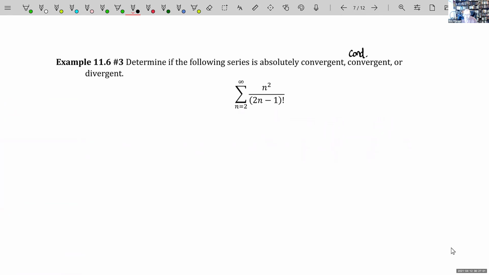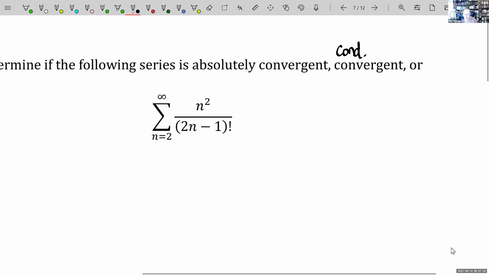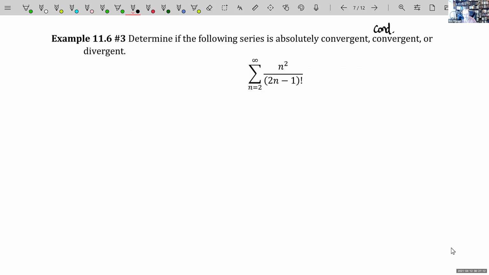So determine if the following series is absolutely convergent, conditionally convergent, or just divergent. We haven't seen a conditional convergence. We will. I have an example of it, but let's just dive into the ratio test right here. I'll write down ratio test to let the world know that I'm actually using it.